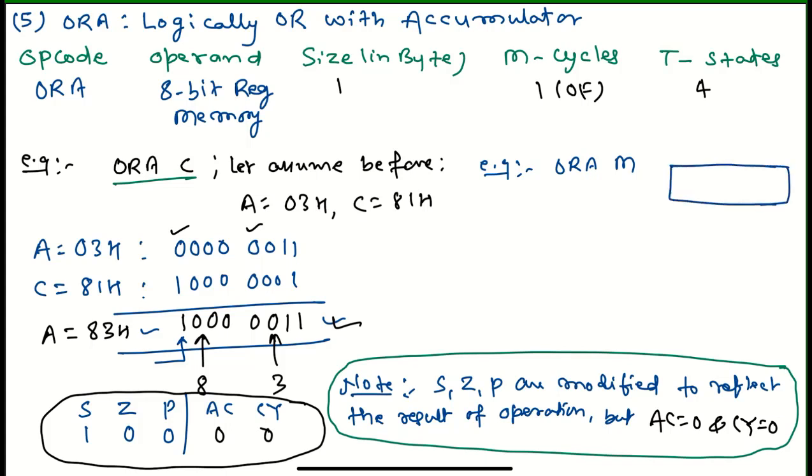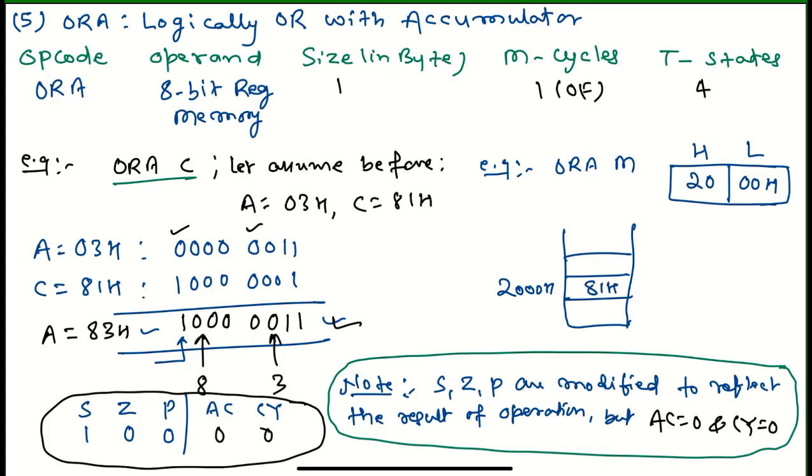So let's say this HL register pair has the content 2000H. It means from this memory, whatever is the content at the location 2000H, let's say here we have the data 81H, will be pointed to by this HL register pair.